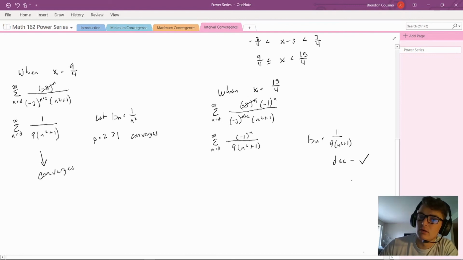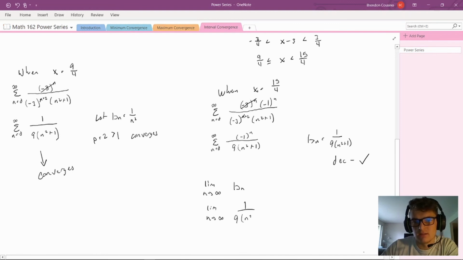so that means we definitely decrease. And so for convergence, the next thing we need to test is the limit as n approaches infinity of b of n. And we need to show that this is equal to 0. So this is going to be the limit as n approaches infinity of 1 over 9 times n squared plus 1. Okay, and so as n goes to infinity, we can plug in our infinity here.